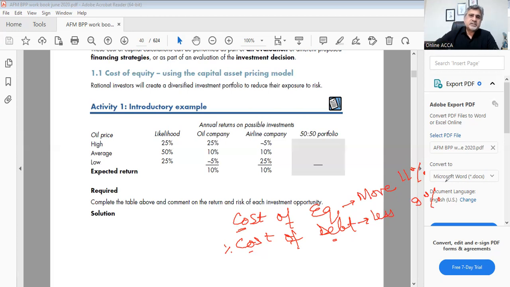Wherever there are more risks, returns are expected to be more. And because debt providers take lower risk, the bank or the entity or the individual who is providing the debt is taking less risk because they have agreed on a fixed rate of return, the interest, 7%, 8%.